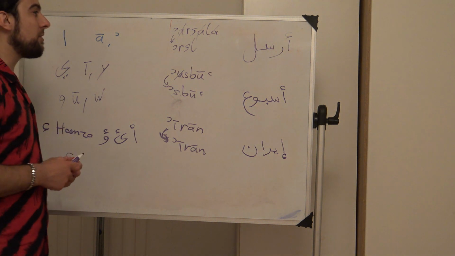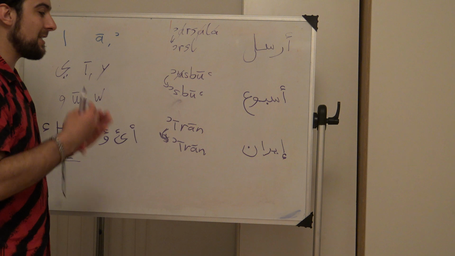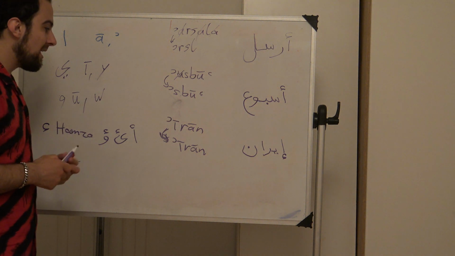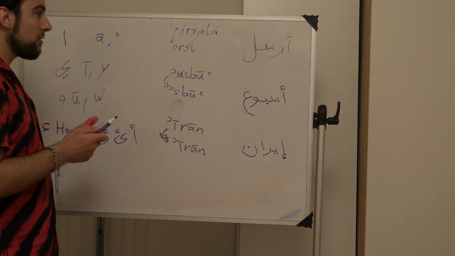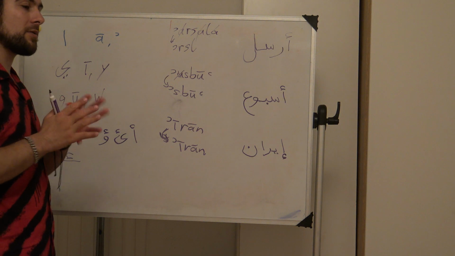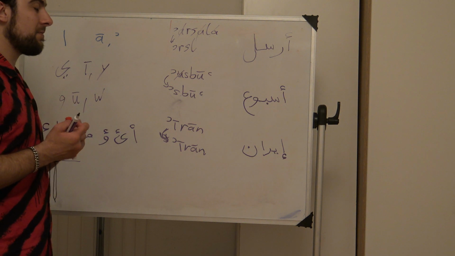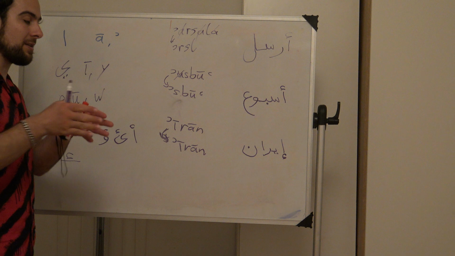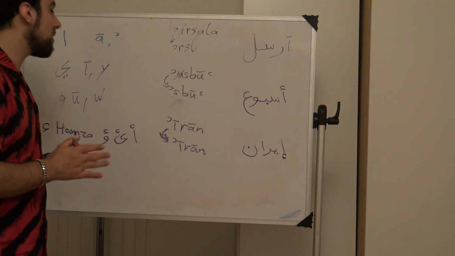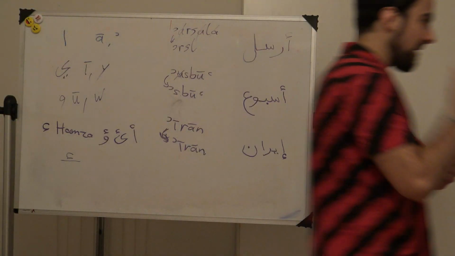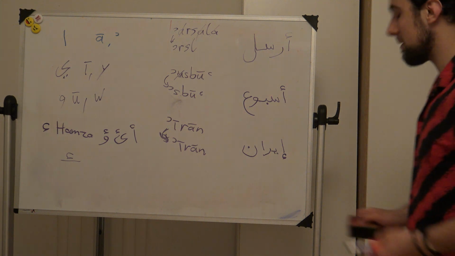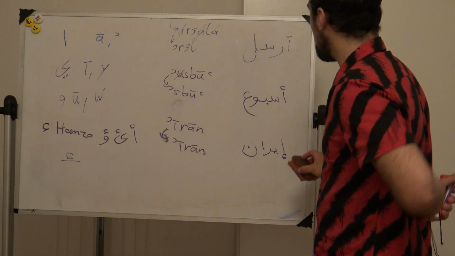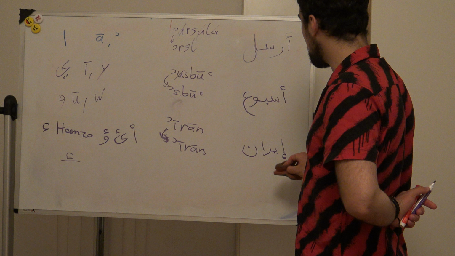What else could be complicated about the Hamza at the beginning of the word? Well, what I'm going to show you now is not especially connected to the beginning. It can also occur in the middle or at the end of the word. But I think it's important for the beginning of the word.